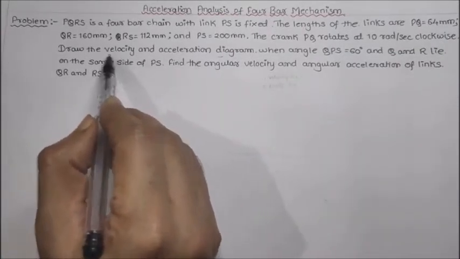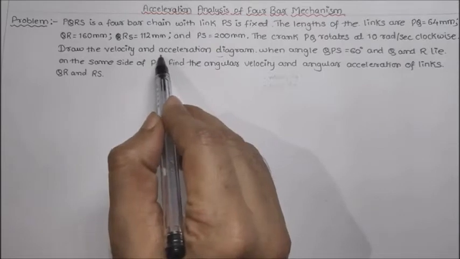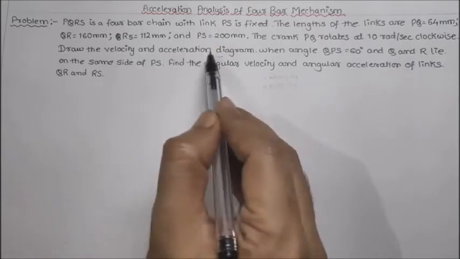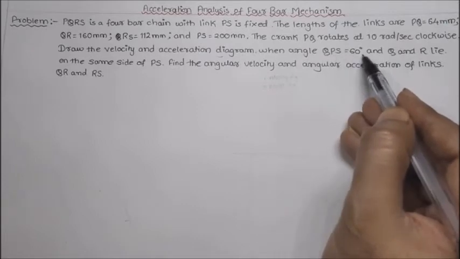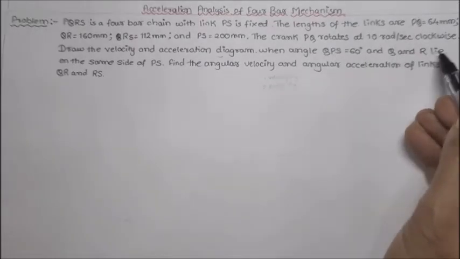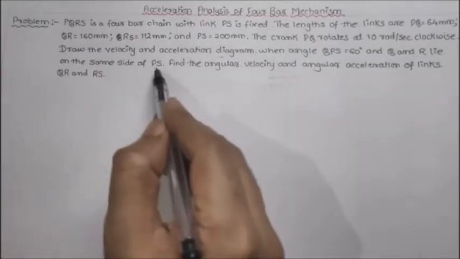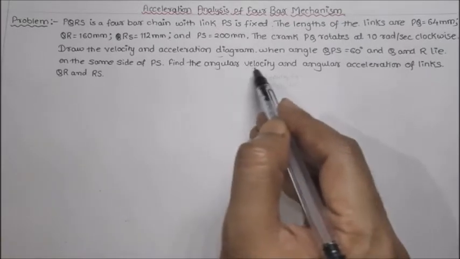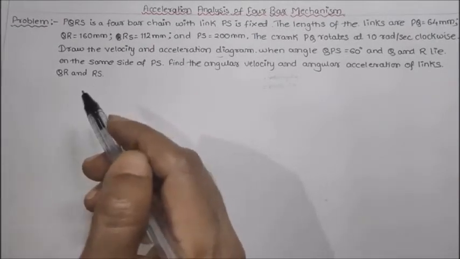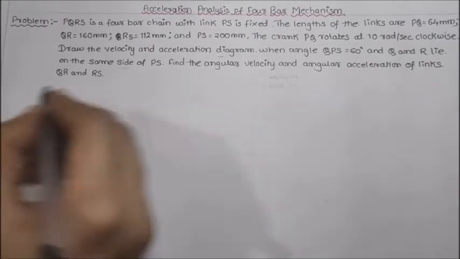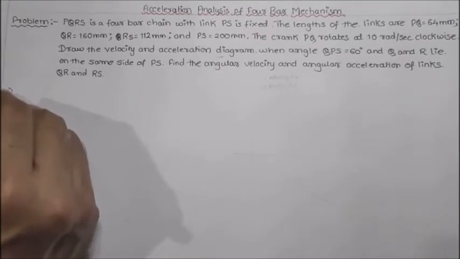We need to draw two diagrams, velocity diagram and acceleration diagram, when angle QPS equal to 60 degrees and Q and R lie on the same side of PS. Find the angular velocity and angular accelerations of the link QR and PS. So this is the problem statement. Let's start the solution.